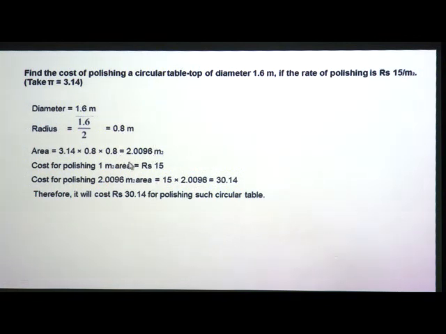We can also see that if you round the area to the nearest figure, it is 2 meter square. So, 1 meter square costs 15 rupees, so 2 meter square will cost 30 rupees.